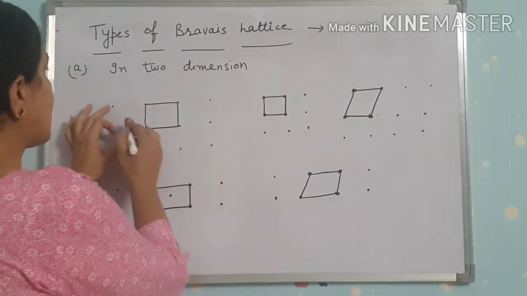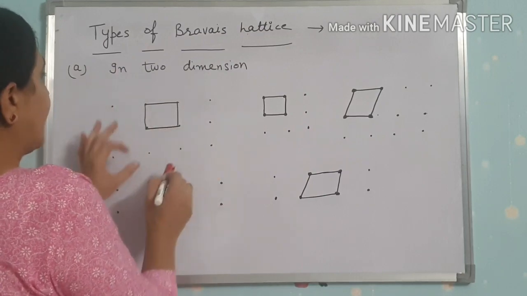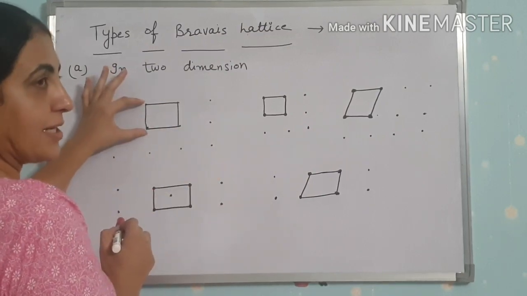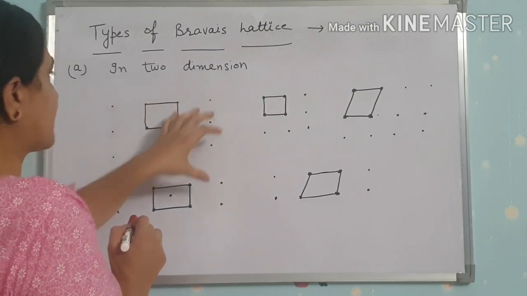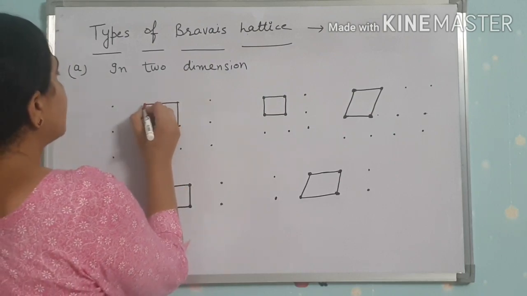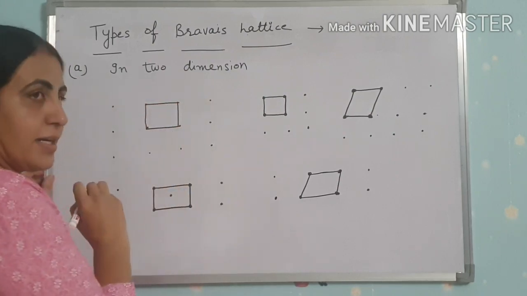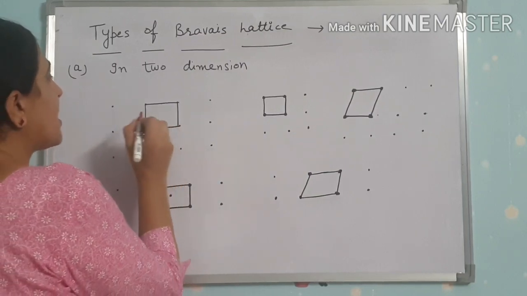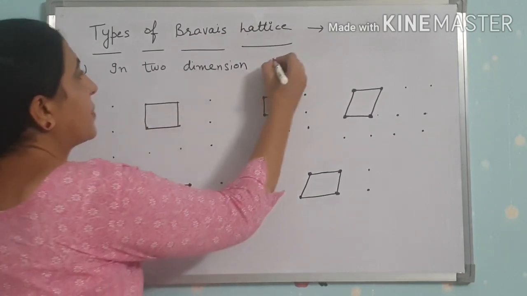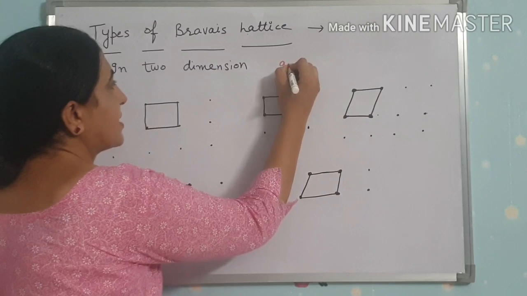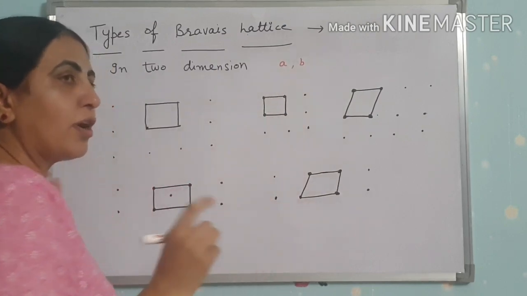First, this is an array of points, and the unit cell is like this, with atoms at the corners. The primitive translation vectors are a and b; in two dimensions we take only 2.